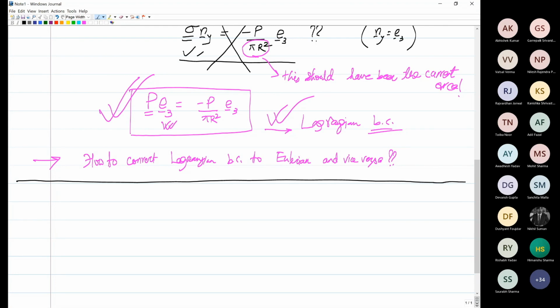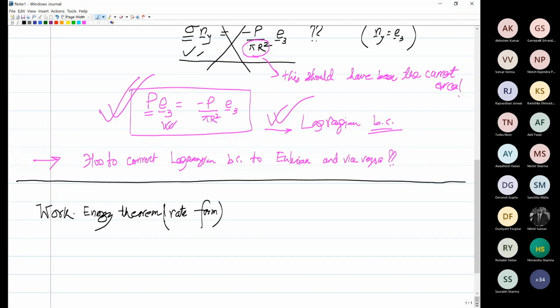All of you must have learned about work energy theorem in your undergraduate mechanics. Do you remember that the work done on a system is equal to the change in kinetic energy of the system? And if you have a non-conservative load also acting, then you have the power form of work energy theorem or the rate form.